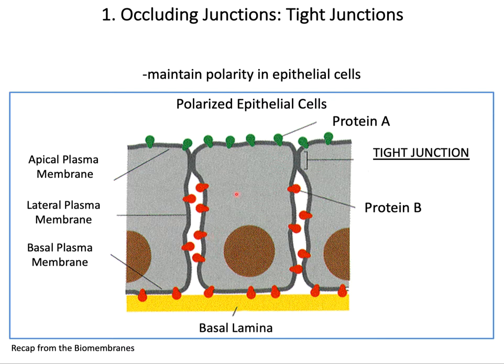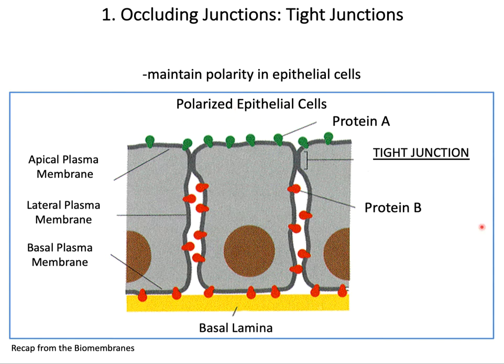Proteins in the apical membrane, such as protein A in this example, can freely move within the apical domain, but cannot pass over to the basolateral domain. Likewise, basolateral membrane-specific proteins, in this example protein B, can usually move freely within the basolateral domain, but cannot cross over to the apical domain.